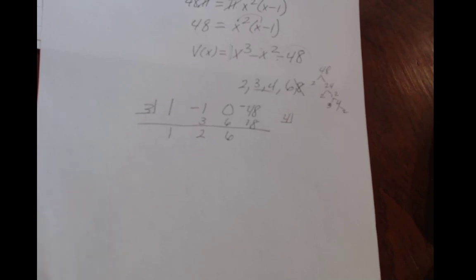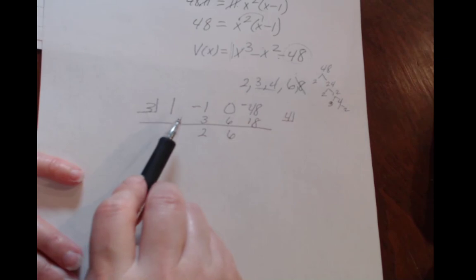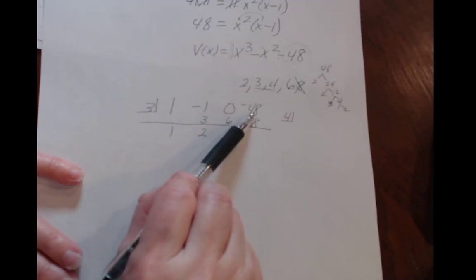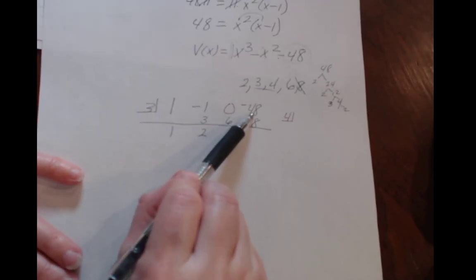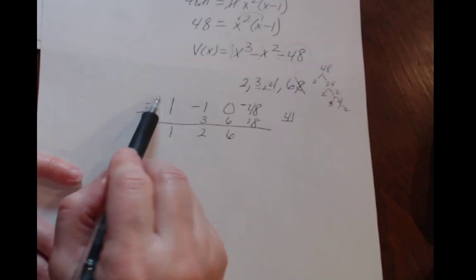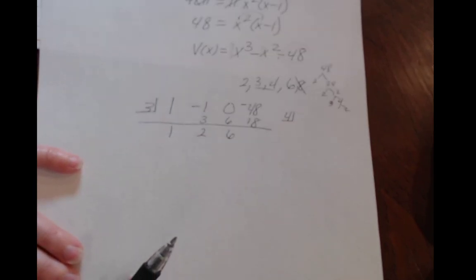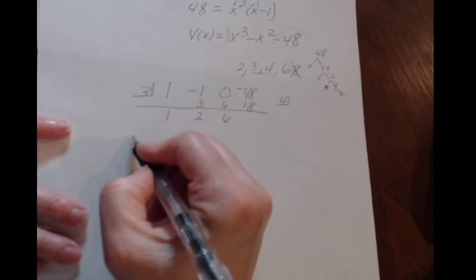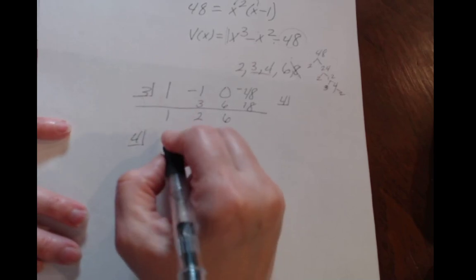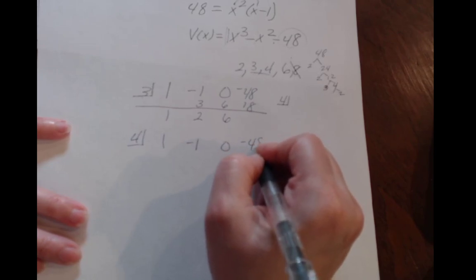Okay, I'll redo that for you. So here I wrote the coefficients: 1, negative 1, 0, and negative 48. I'm trying to see if 3 will have a remainder of 0, and it didn't. So now I'm going to try to see if 4 will have a remainder of 0. 1, negative 1, 0, negative 48.